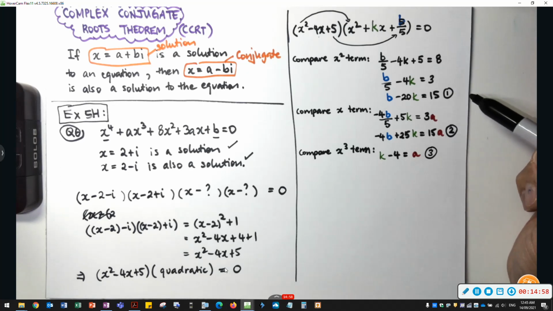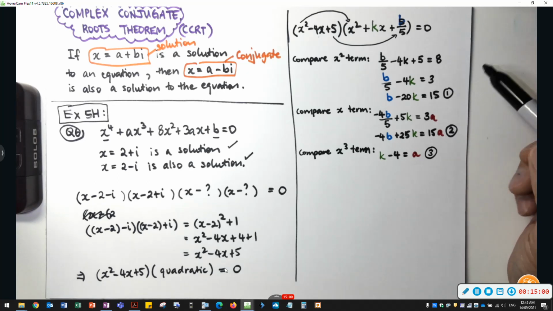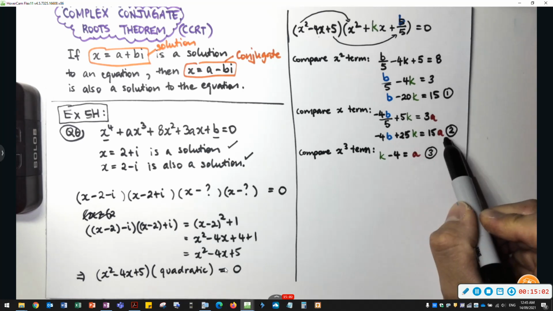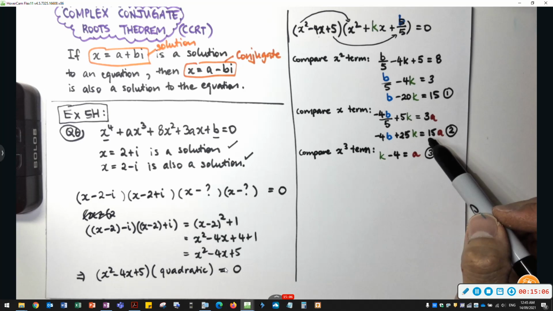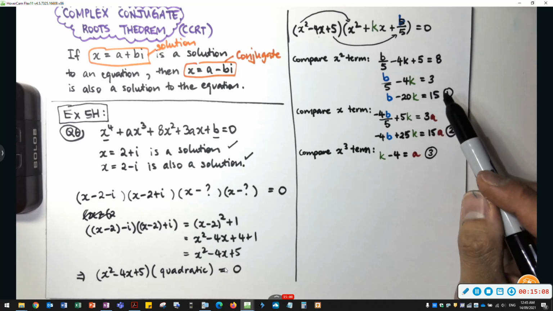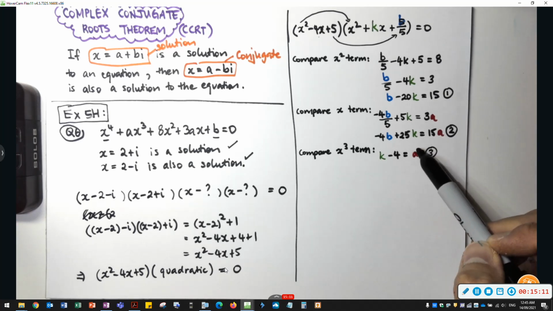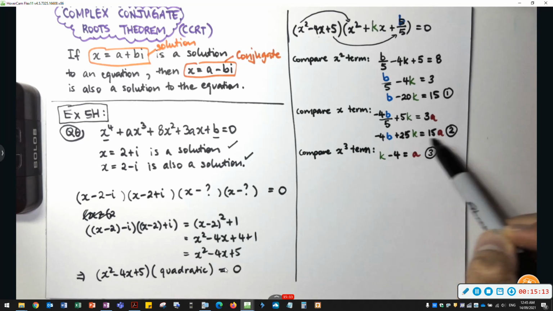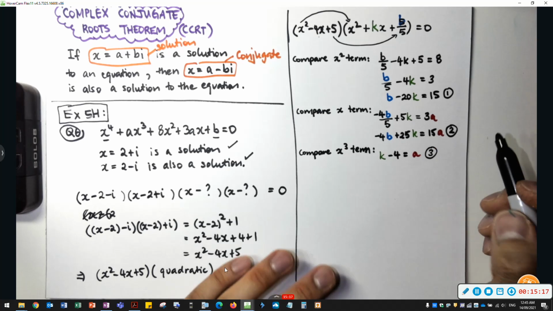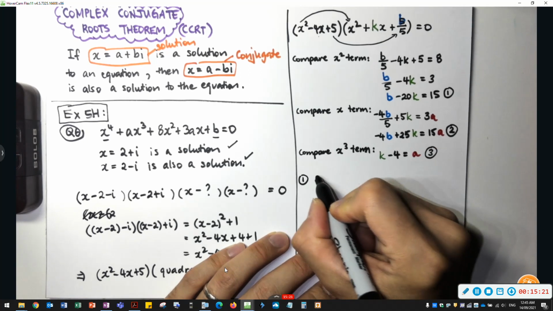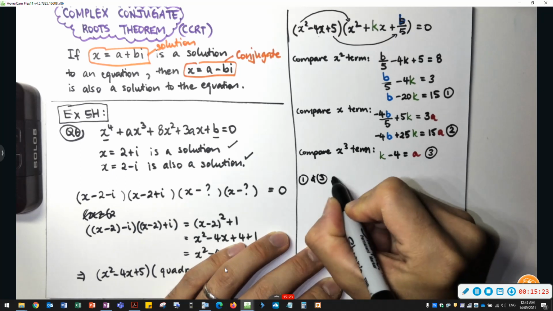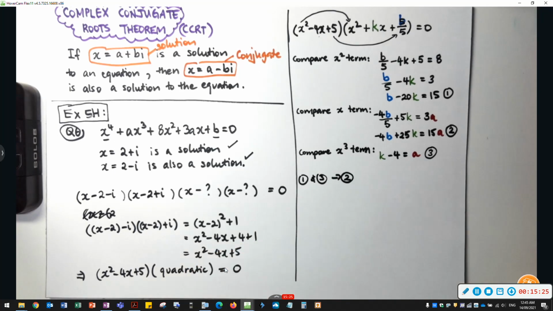So let's think about how we're going to approach this. This is the most complicated one, equation 2. 1 and 3 both have k in them, so what you can do is substitute 1 and 3 into the b and a to get this whole thing in terms of k. Alright, so I'm putting equation 1 and 3 into equation 2.